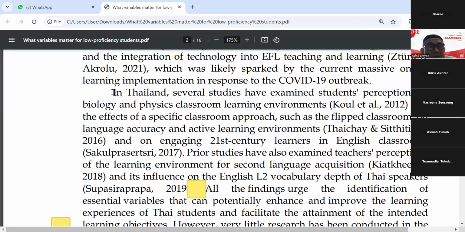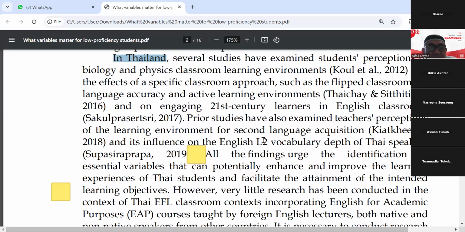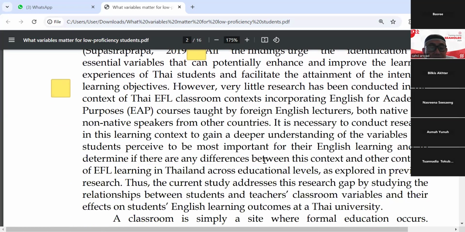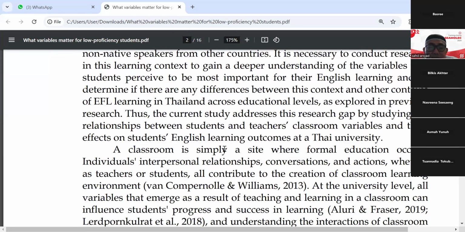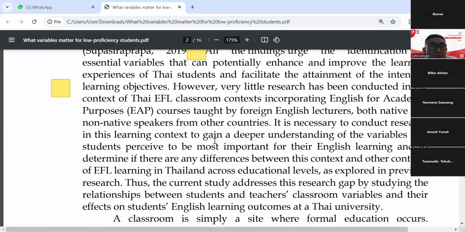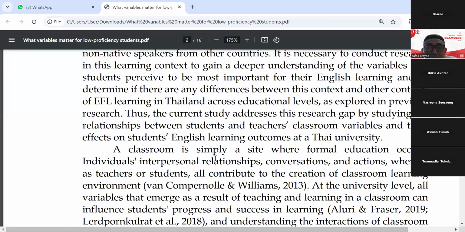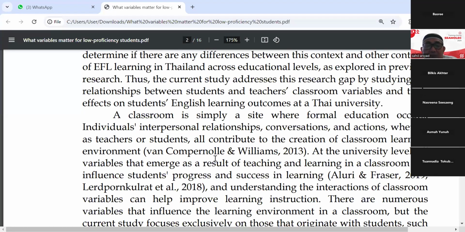No, this is in Thailand. This is based on the country. So they study in Thailand. So the authors use a country to organize their literature review. These studies are in Thailand, and maybe other studies are not in Thailand.